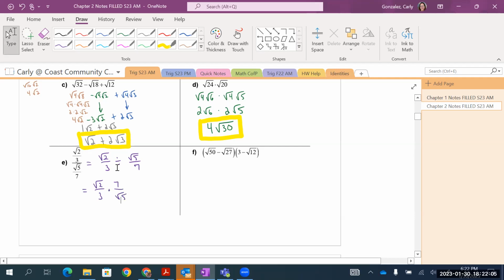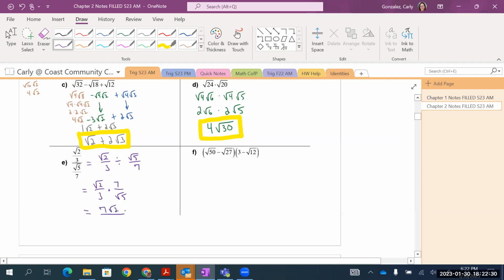But if it helps to write it this way, that's a more traditional way to write division with fractions, using that division symbol. And then after that division symbol, we flip and multiply. So either way, now we're ready and we can multiply straight across, and we get 7 rad 2.